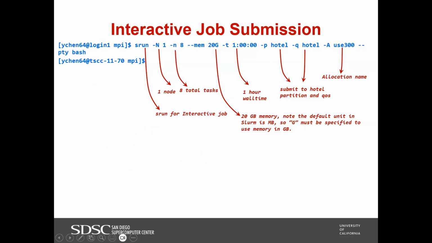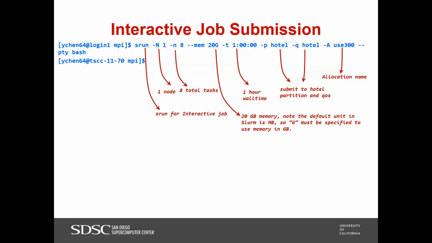So here's how the command line looks in srun. In this command, I'm asking for one node, 8 total tasks, and 20 gigabytes of memory. Please note the default unit in SLURM is MB, megabytes, in TSCC2.